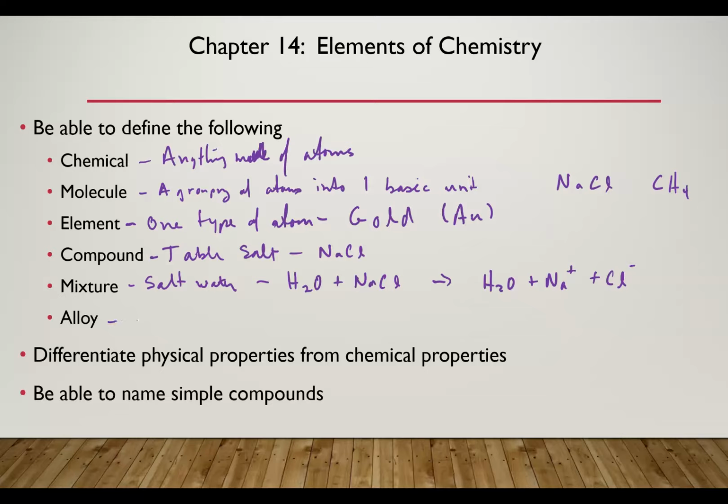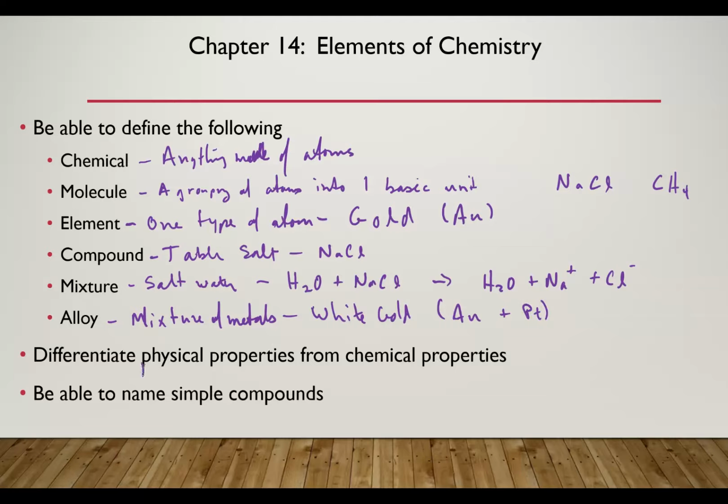An alloy is a mixture of metals. So you might have white gold, which is gold and some platinum that are mixed together.